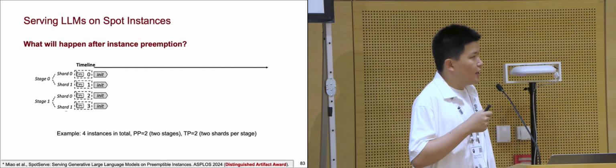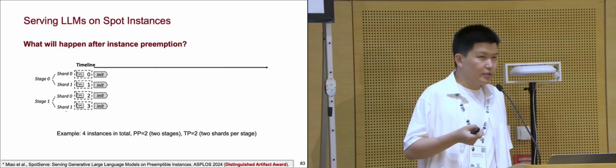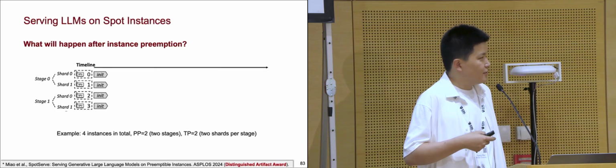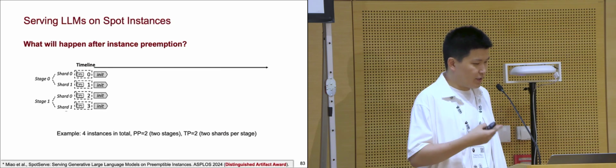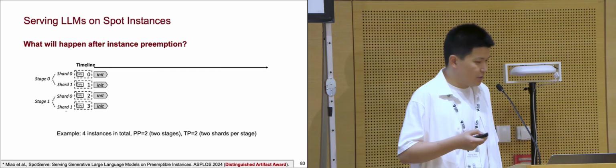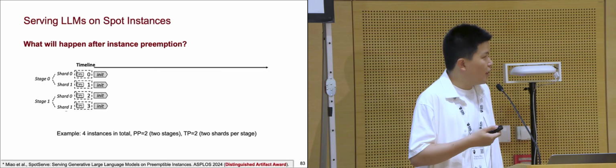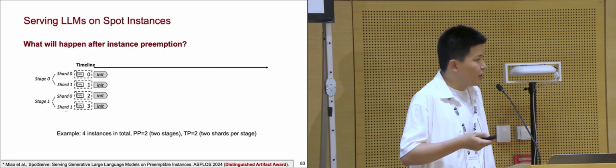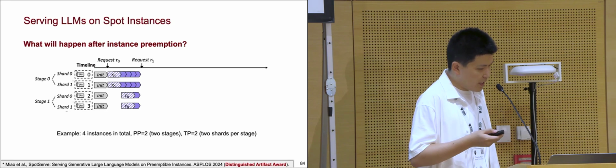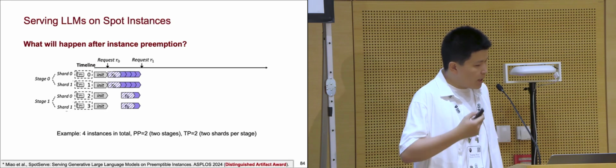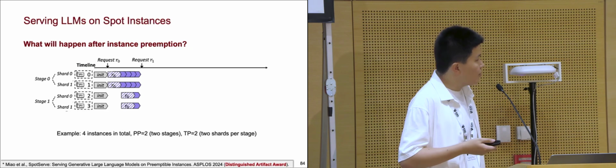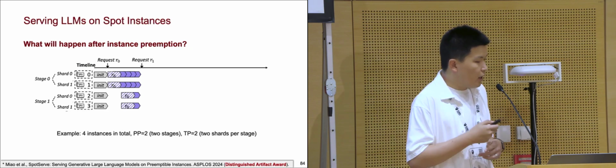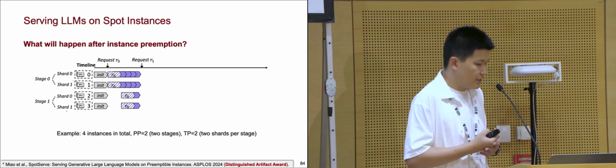It means that when you are running your language model serving systems, some of your GPUs might disappear because of the cloud scheduler. So it will also terminate your currently running programs. So that's not what you want in practice. So that's why we propose our system called SpotServe, which can support running your language model serving systems on this preemptible spot instance.